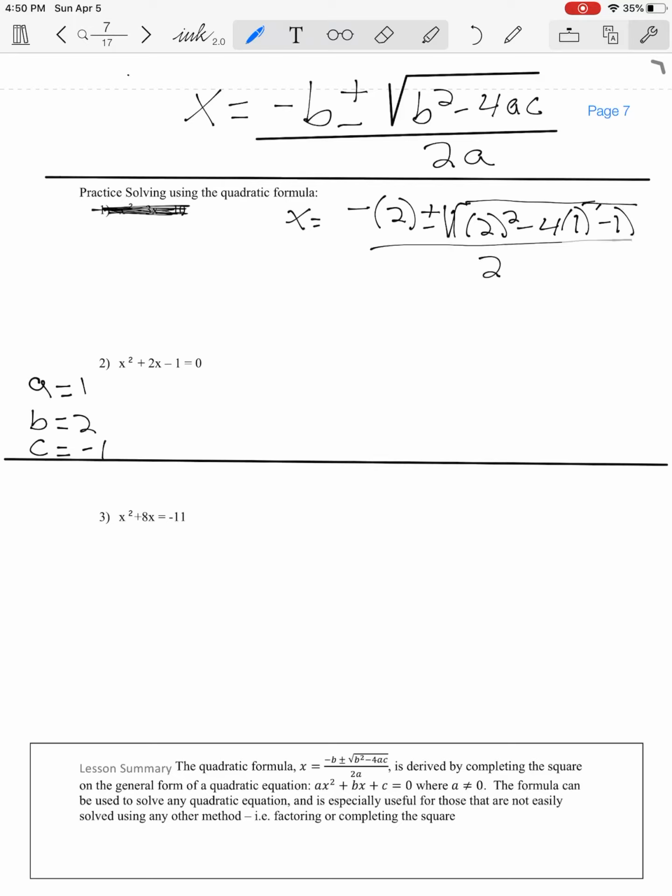And that's all going to be over 2 times 1, which is 2a.